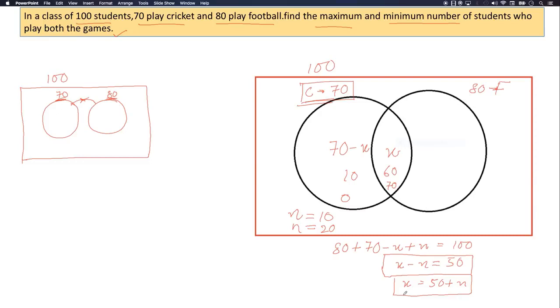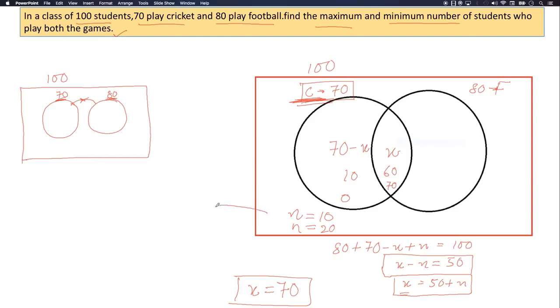So the maximum value of x would be 70, because the number of people playing cricket limits it. So the minimum value of x is 50, and the maximum value of x is 70.